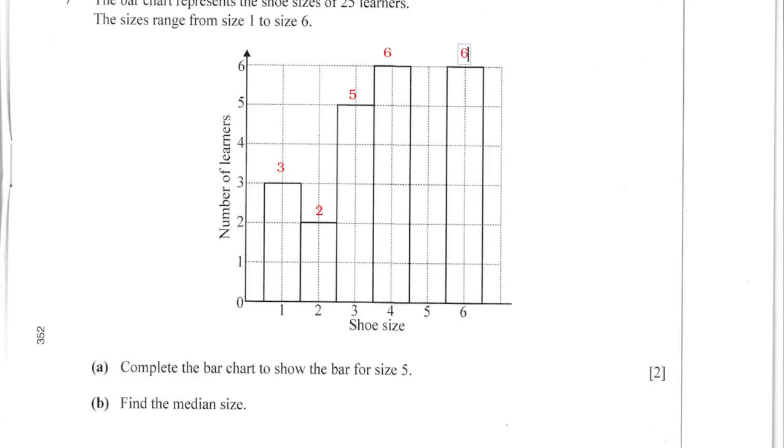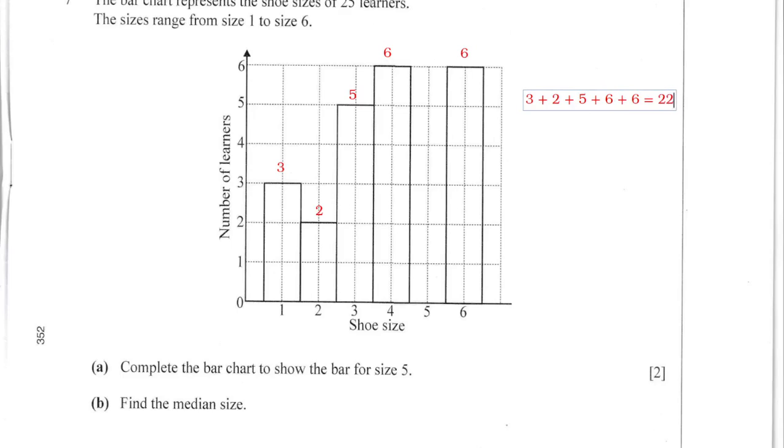Let's add all of them to see the answer. So we're having 3 plus 2 plus 5 plus 6 plus 6, and the answer is 22.